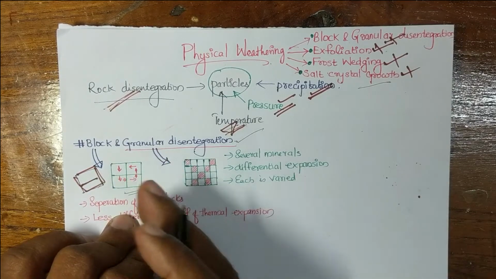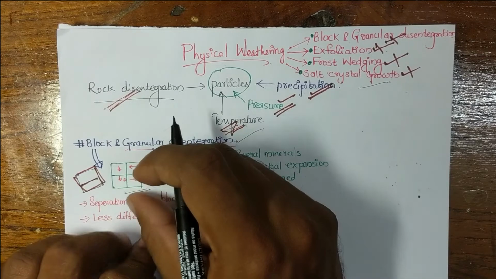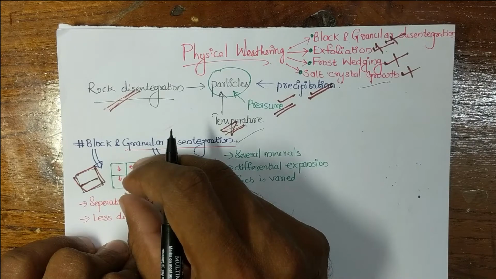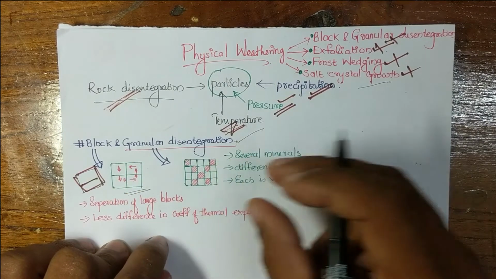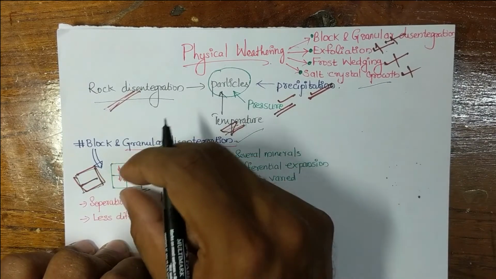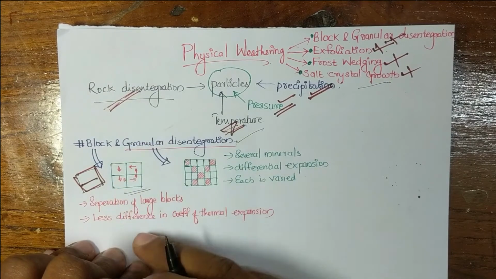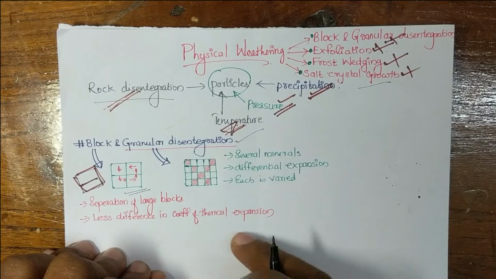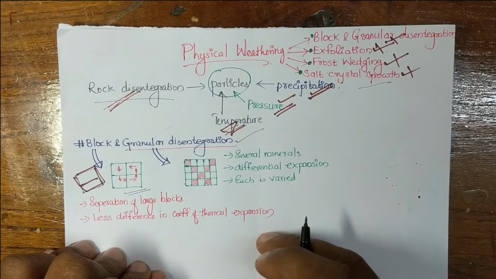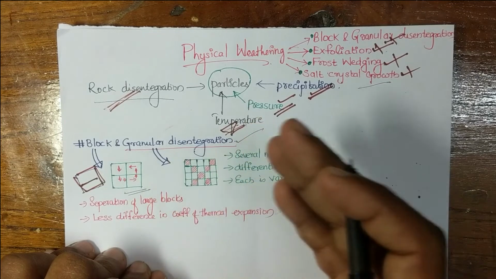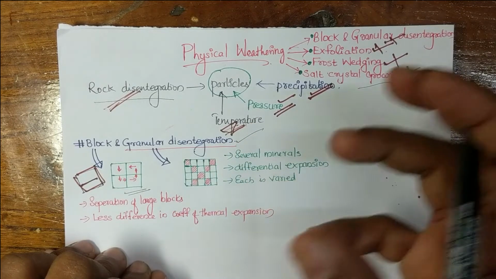Consider two kinds of rocks. The first one has very few types of minerals and the second one has different types of minerals. The first one shows a unique identity, so there will be less difference in the coefficient of thermal expansion. So the disintegration, or the separation, will be in large blocks.